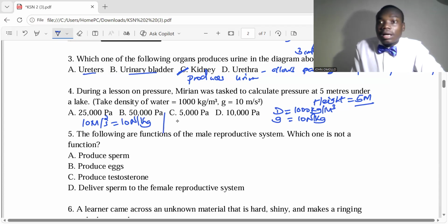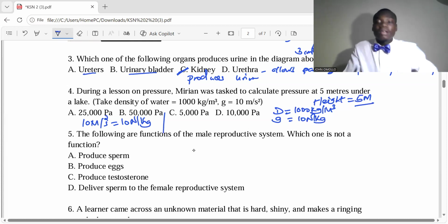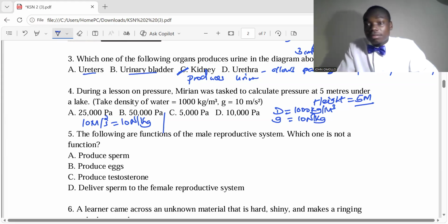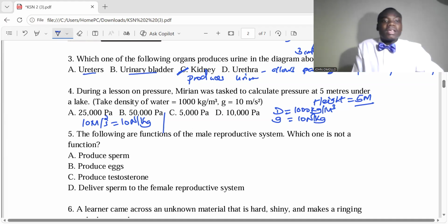So there is something that you need to know as a physics student, because this is part of physics. Remember, integrated science simply means a combination of physics, biology, and chemistry. So to integrate means to combine together. So we are combining different subdisciplines of science, that is chemistry, biology, and physics together, so that we need a broad, massive knowledge. So when we come here, we need to know that 1 meter per second square is equal to 1 Newton per kilogram.